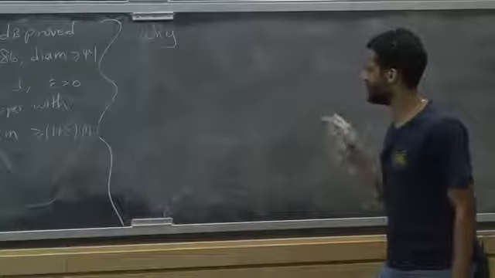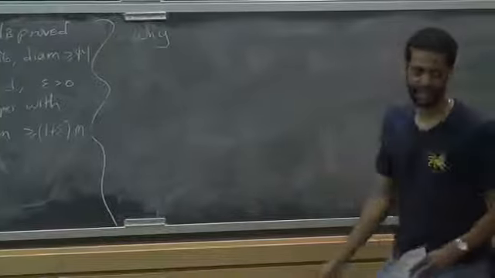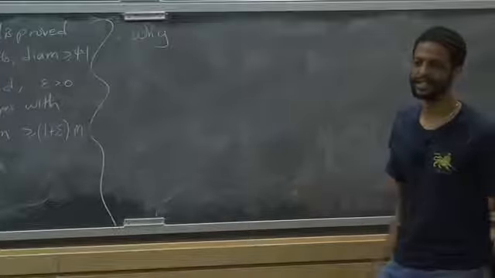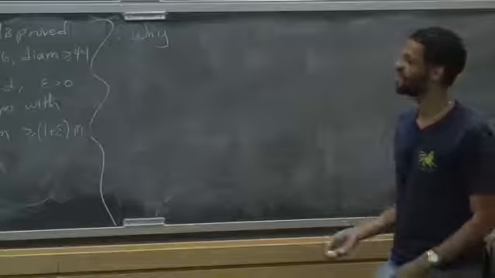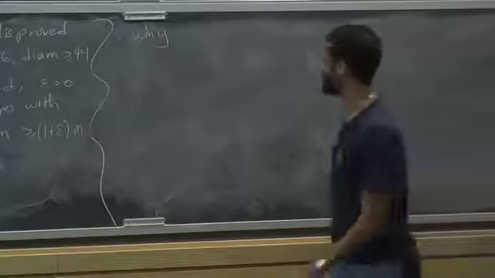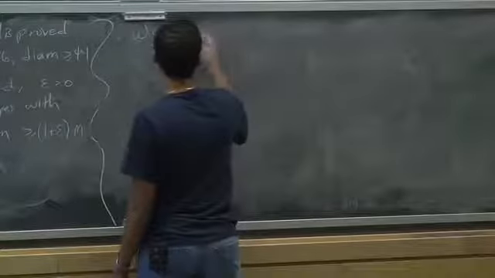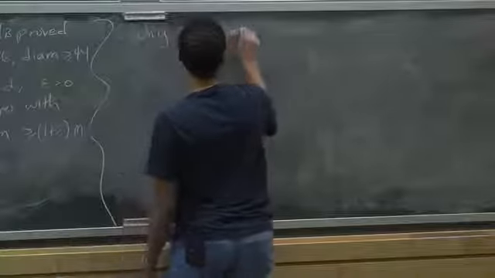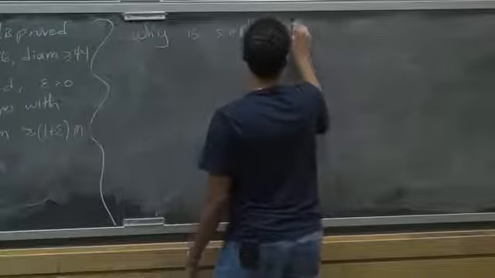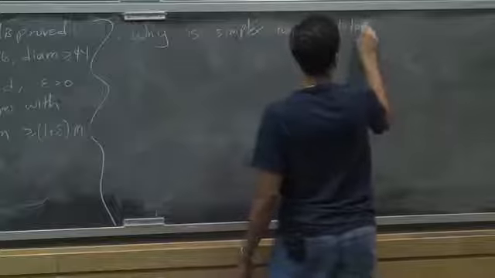So, I mean, I'm not going to claim that this is exactly what's happening in practice, but at least it shows why simplex isn't as hard as it seems. So why is simplex not so slow in practice?